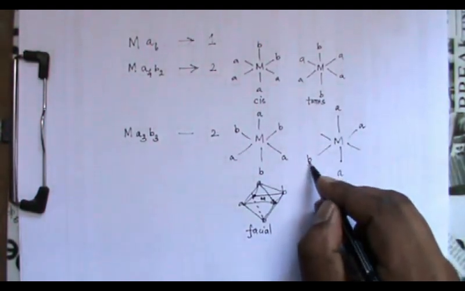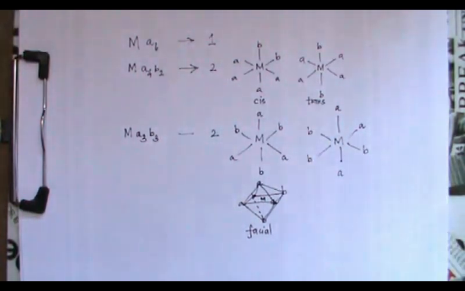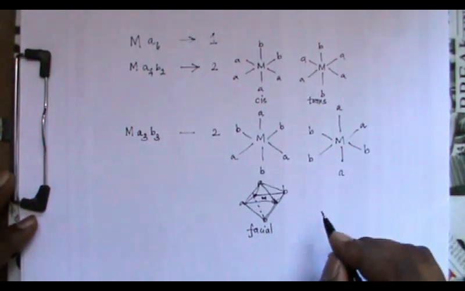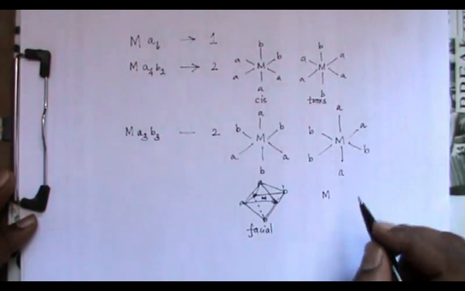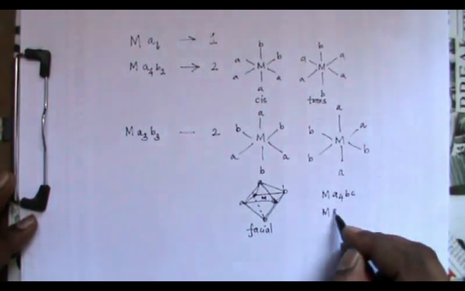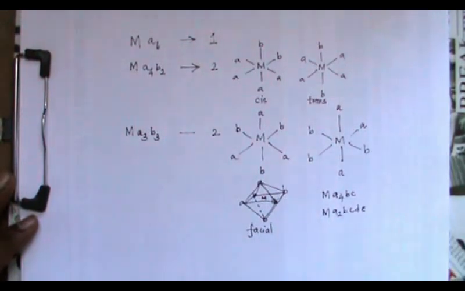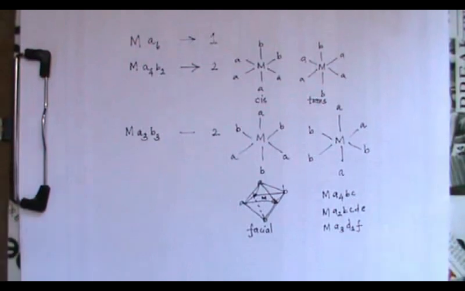The ligands will be placed like this. So this is meridional isomer. Try to find out the total number of isomers possible with this type of complexes. Apply Bayer's method and try to find out the total number of stereoisomers possible for these complexes.